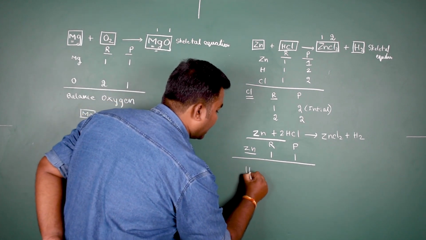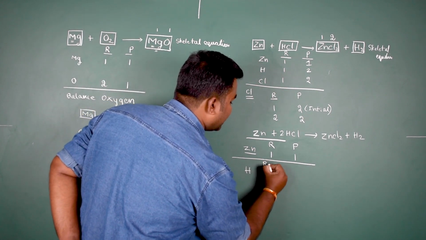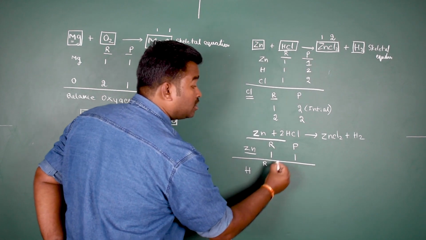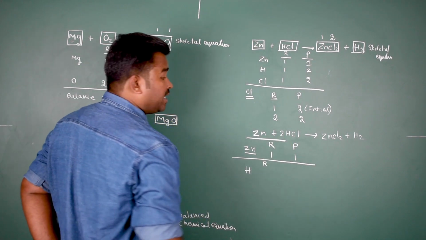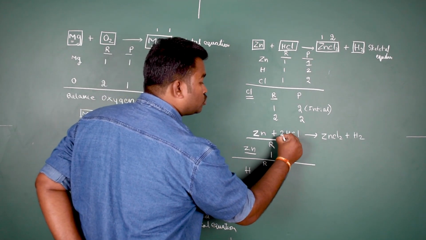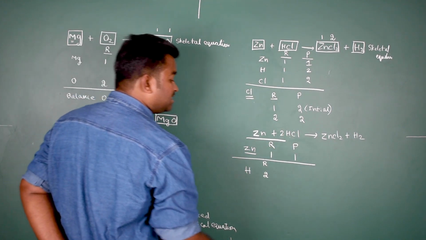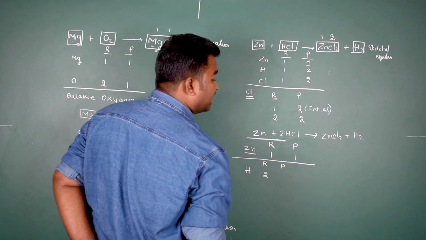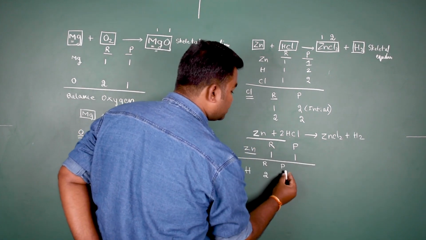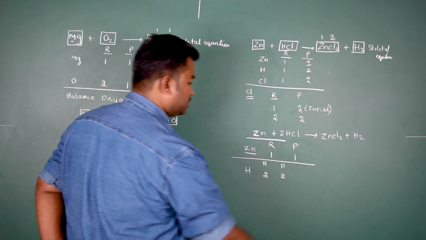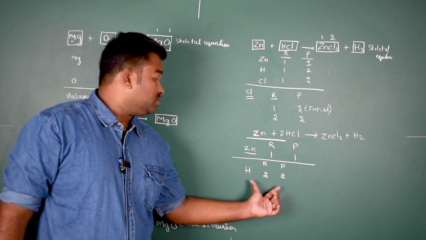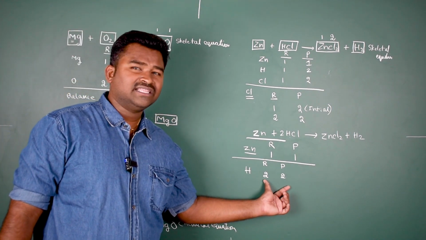In balancing the hydrogen, on the reactant side how many hydrogens do I have? 1 or 2? Here it is H1Cl1. So 2 into 1 is 2. Whereas on the product side it is H2, that is 2 atoms of hydrogen are present. Are they balanced or not? They are balanced.